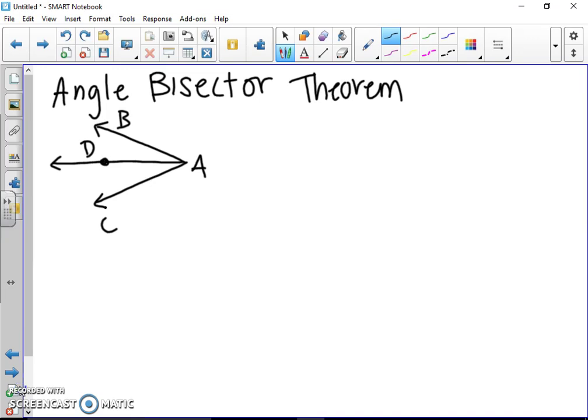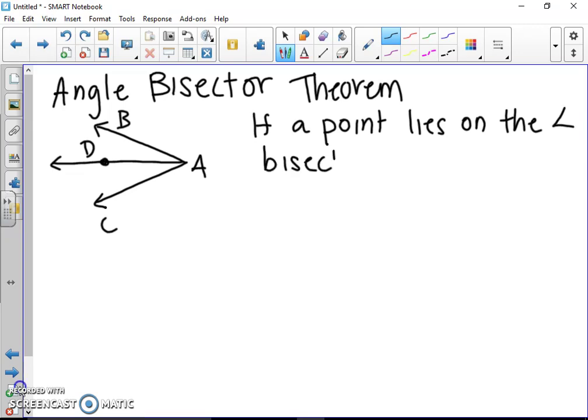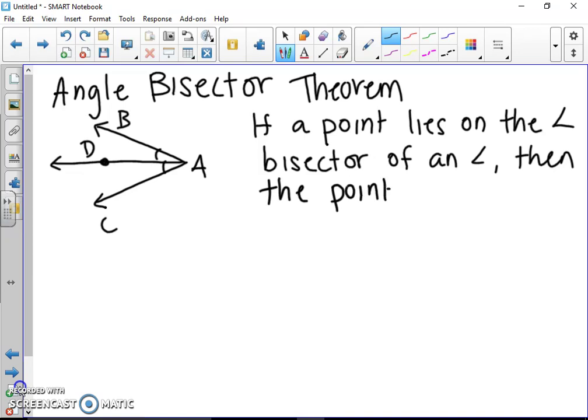So here's this angle bisector theorem. If a point lies on the angle bisector of an angle, then, so D lies on the angle bisector, so that means that this angle has to be congruent to that angle. Then the point is equidistant.